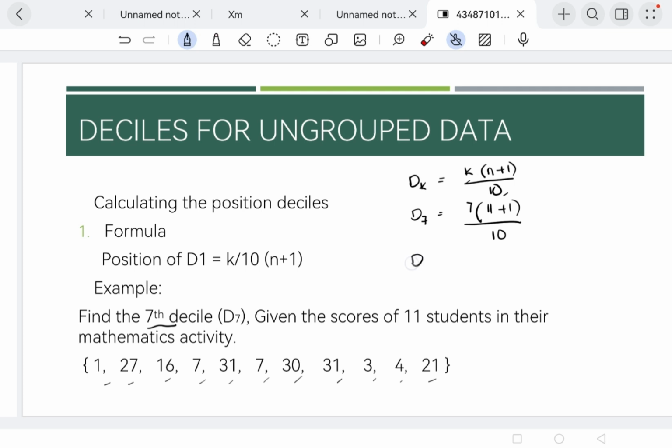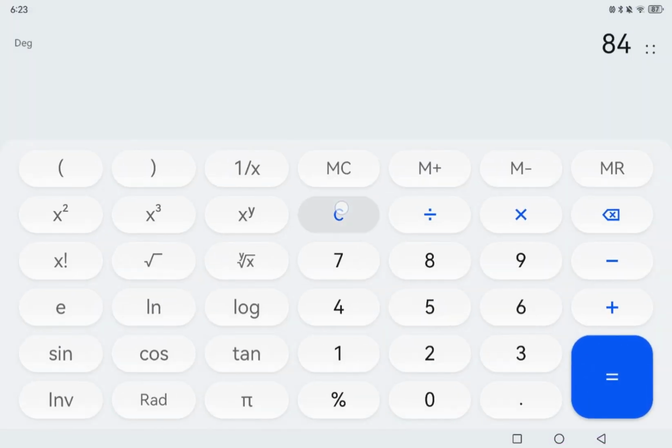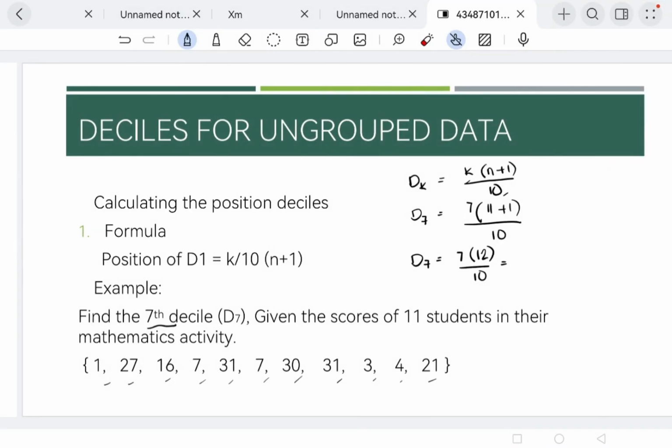So we have here d sub 7, that is 7 times 12 divided by 10. So we have 7 times 12, that is 84, divided by 10, that is 8.4. Since the whole number is followed by 4, which is less than 5, we cannot round up.